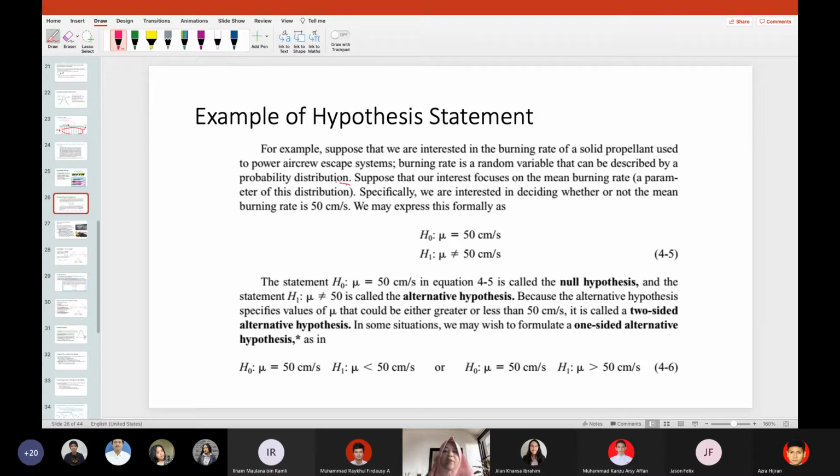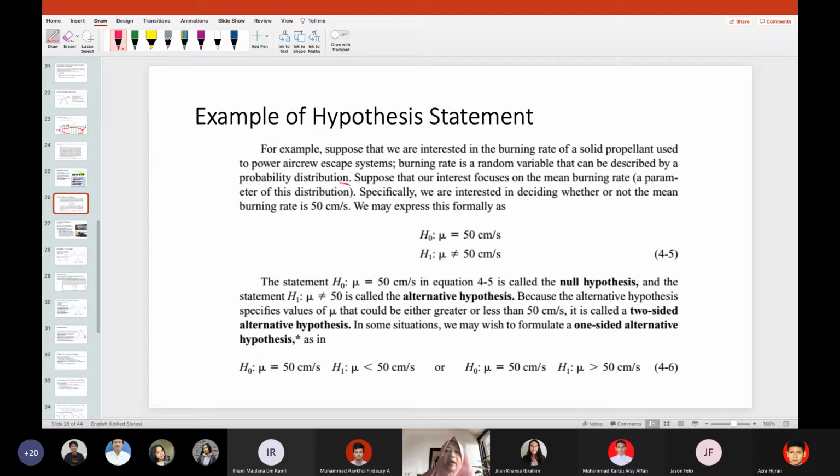Suppose our interest is focused on the mean burning rate, the rata-rata, which is a parameter of the distribution. So they burn a number of samples and check the mean burning rate.